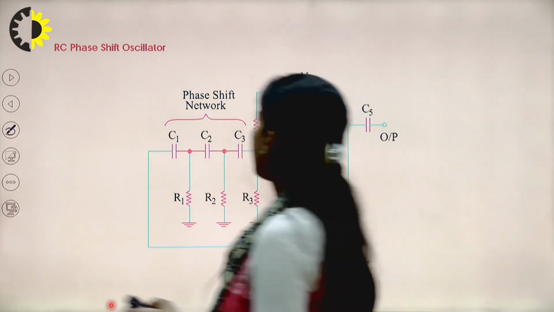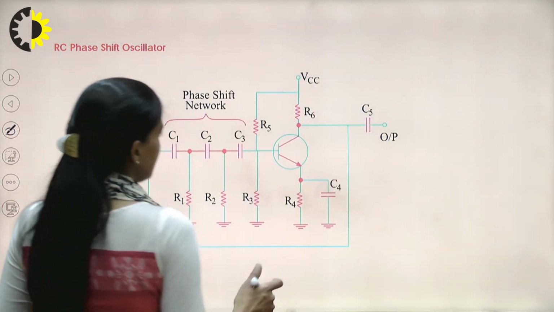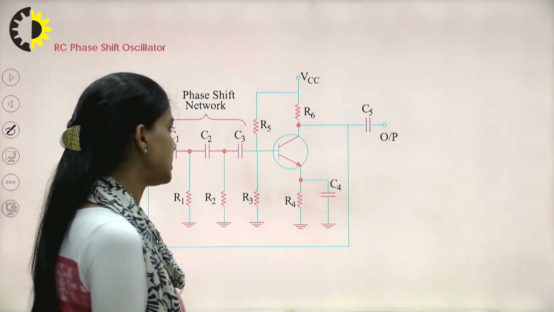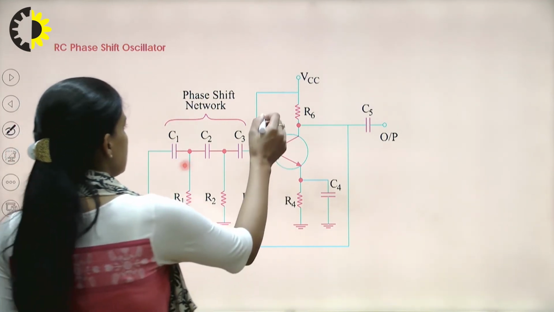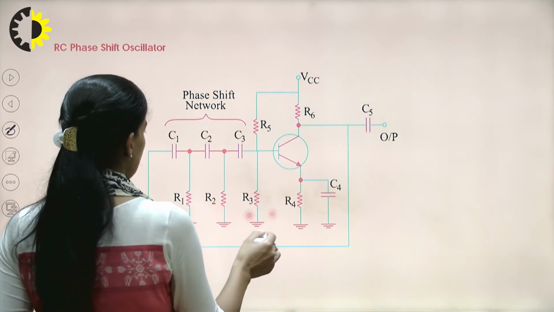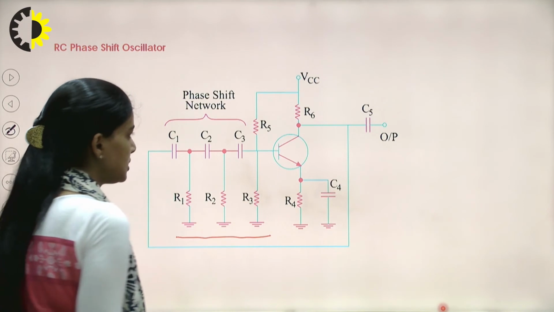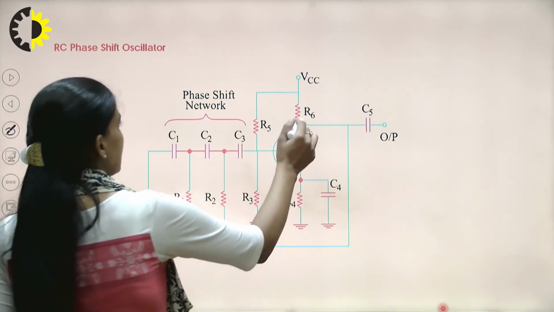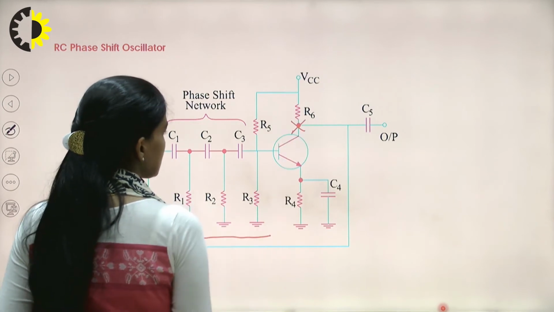This is the circuit diagram of the RC phase shift oscillator that is designed using a bipolar junction transistor. Here resistances R5 and R3 are the biasing resistances, and here we have a network of capacitances and resistances. At the output side we have resistance RC.